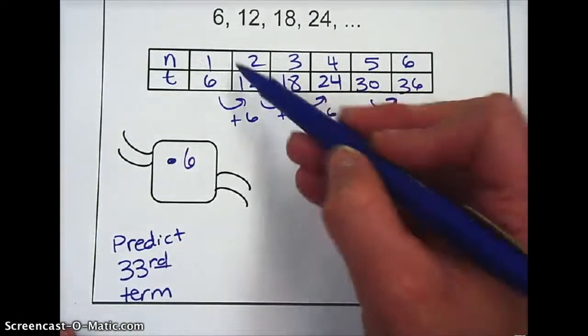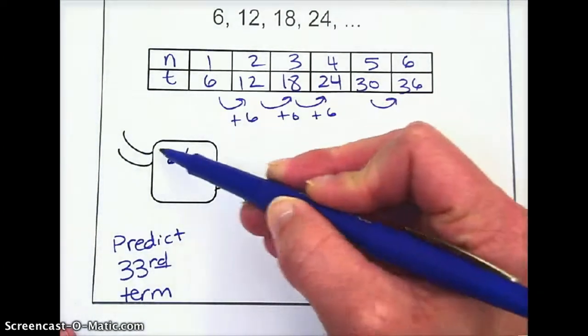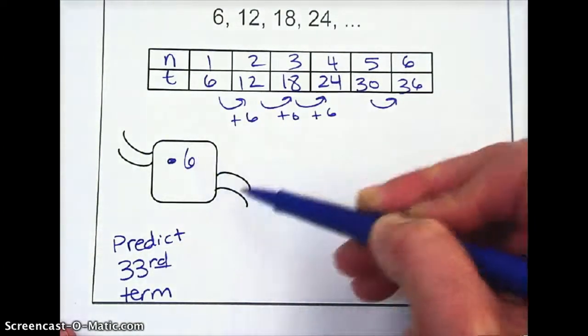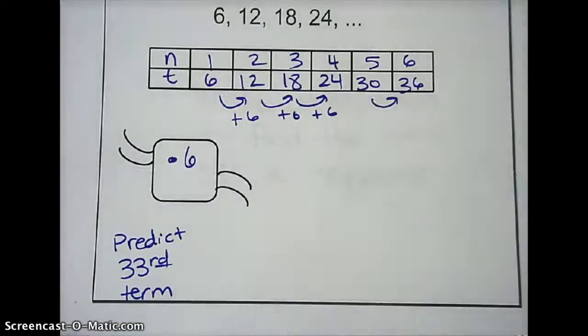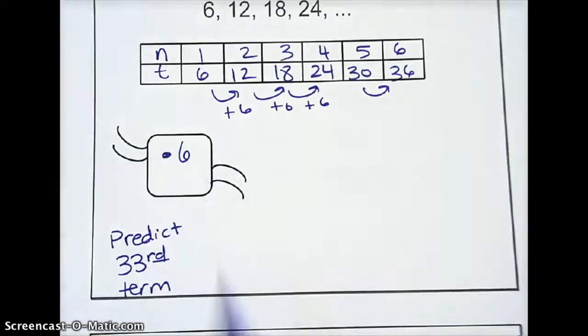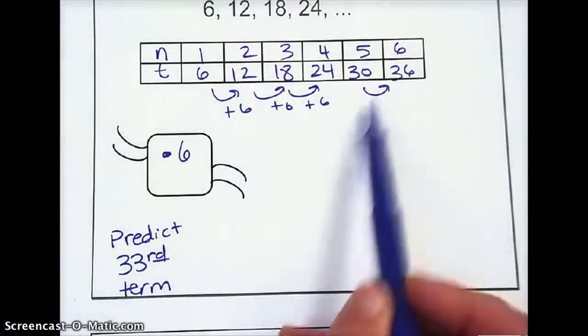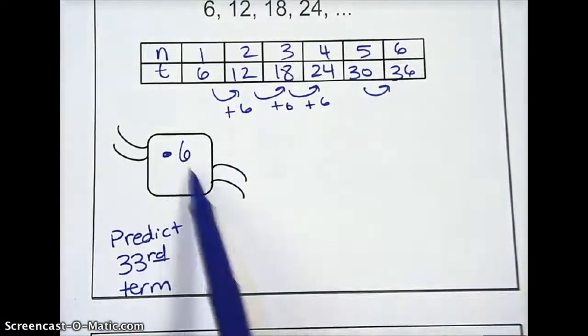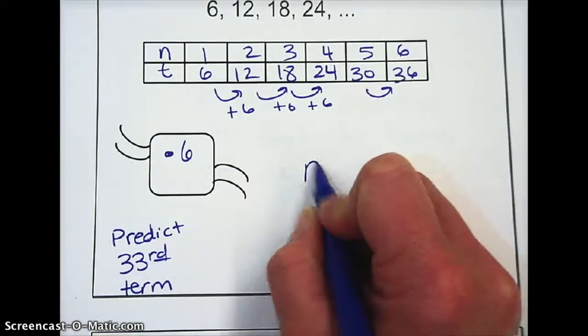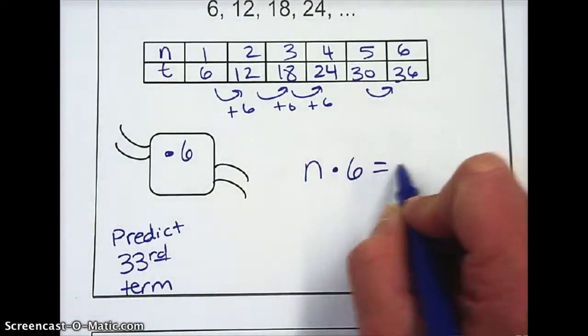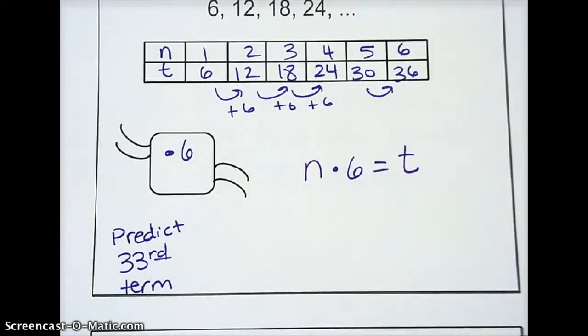Go back, plug in a number. Let's try 1. 1 times 6 is 6. And that's exactly right. Next is 2. 2 times 6 equals 12. And again, that's exactly what we want. Let's try 5. 5 times 6 is 30. So right away, this is a simpler equation. There's only one step to it.